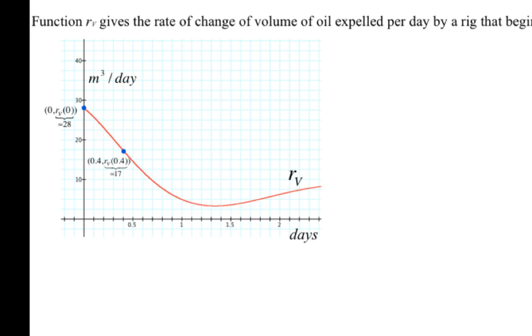Okay, where's Nolan? Tell me, Nolan, did you get the next point? I'm seeing 8. Yeah, I'm seeing 8. Yep. 0.8, RV of 0.8. I'm saying that's approximately 8, that rate.